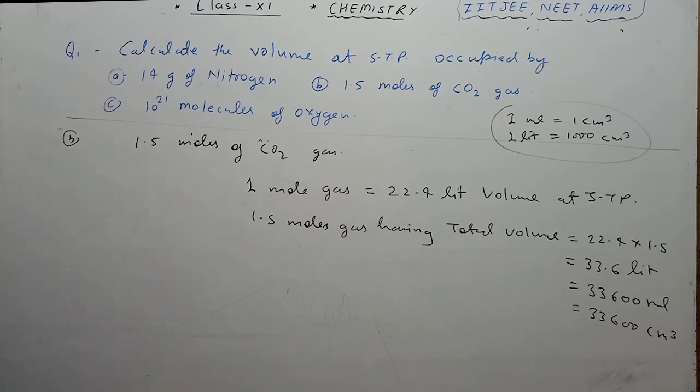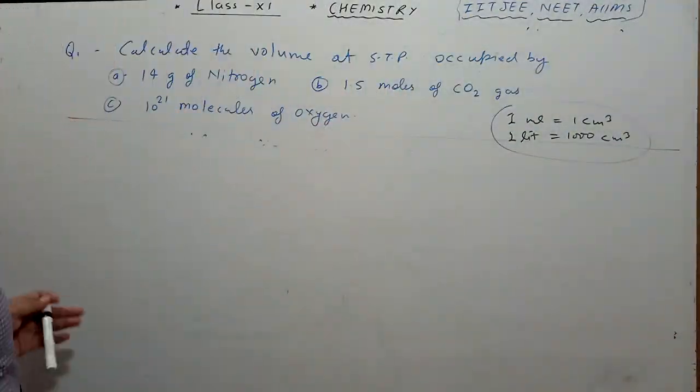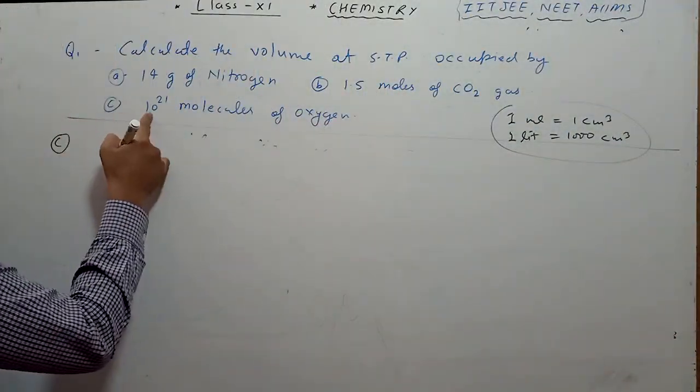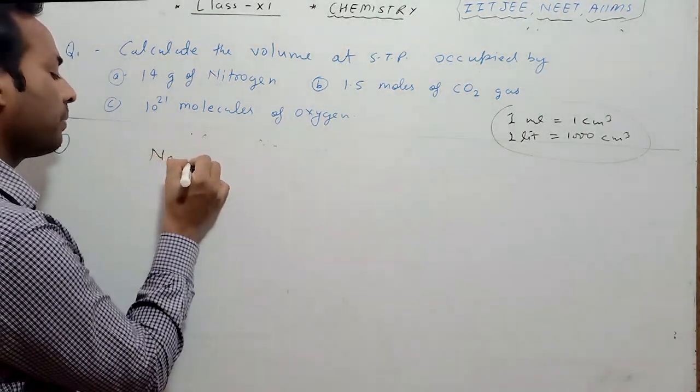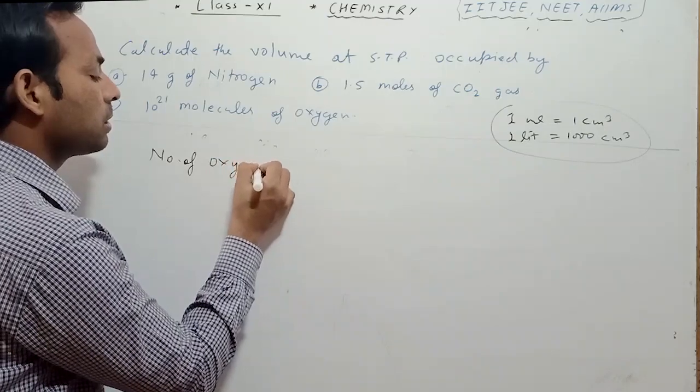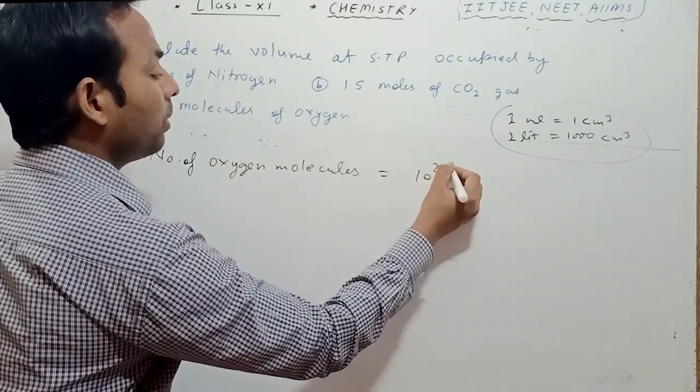Now the third question. Third question is interesting. See, given 10 to power 21 molecules of oxygen, it means the number of oxygen molecules is given as 10 to power 21.